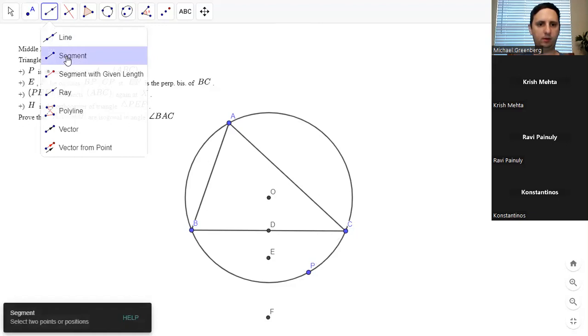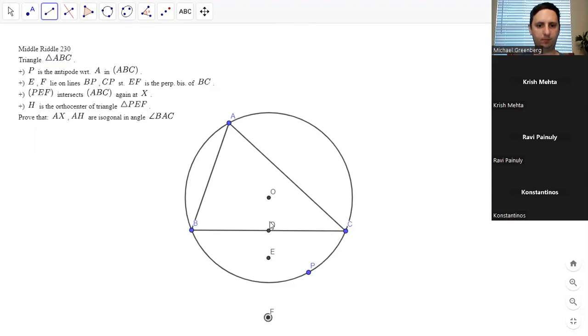So we have this and this and this and this. Okay, so yeah, obviously these are right angles. AP is a diameter.